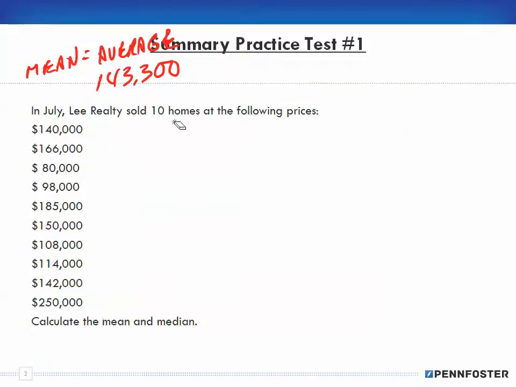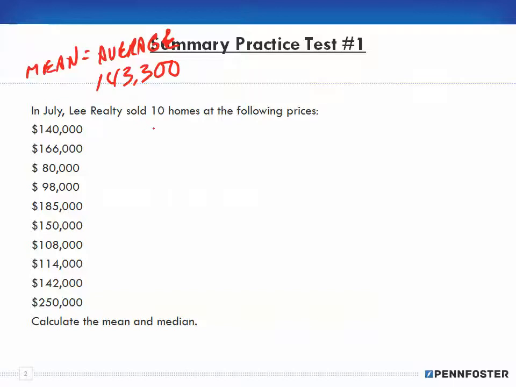Okay. Now for the median, remember, it is the middle value. So you have to list your values from lowest to highest. Okay, I'm going to start listing them.